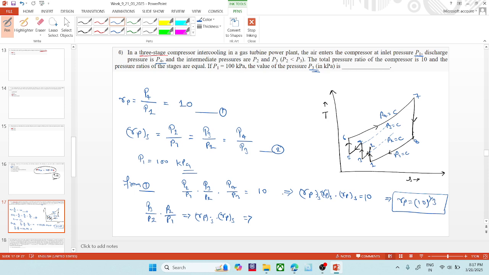So this P2 will be cancelled out from P2. Then P3 by P1 is equal to 10 to the power 1 by 3 into 10 to the power 1 by 3. So P3 will be 100 into 10 to the power 2 by 3. When we solve it, then the value of P3 will come.